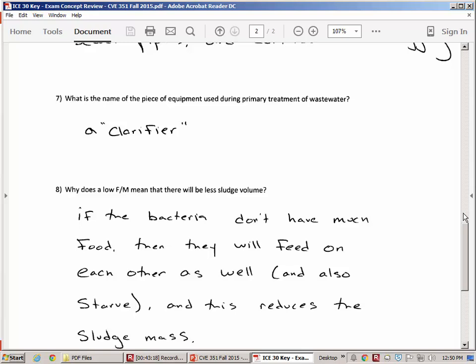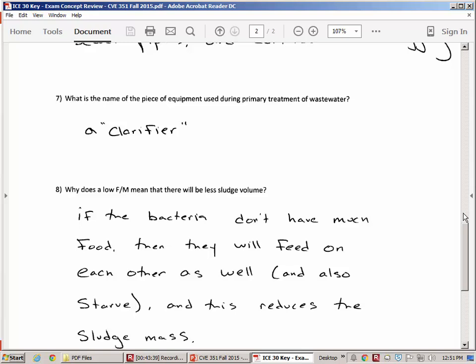Since you won't have computers with you, we're not going to do anything with Excel, but sometimes I can think of, like, I'll give you a table and ask you to interpret the table or fill in a couple of calculations. Which equations are those? We're talking flow equalization basin?